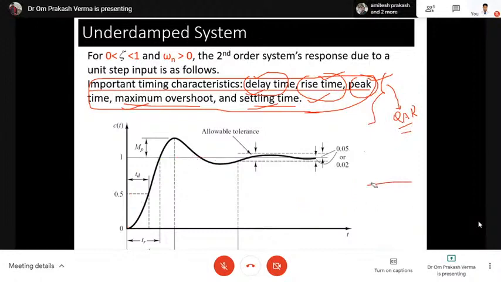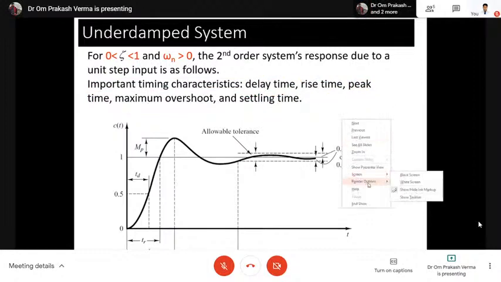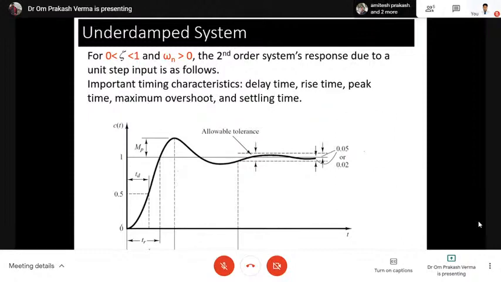Now, what is the delay time? As you can see visualized from this picture, delay time is nothing but the time taken for the response to reach 50% of the final value.